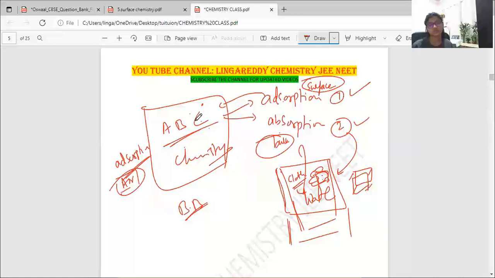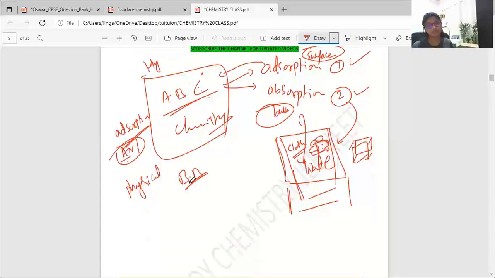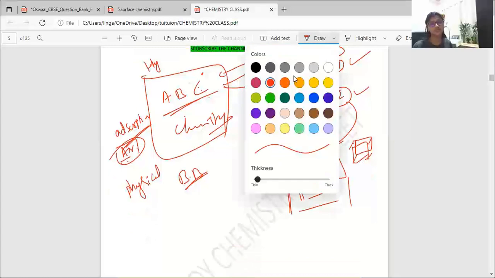In between chalk dust and board, which type of bonds are you expecting, physical bonds or chemical bonds? Generally physical bonds. The laptop screen and air, in between, which type of bonds? Physical bonds. So this type of adsorption is called physisorption.